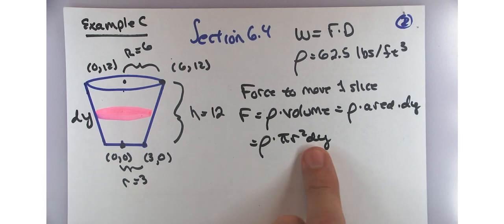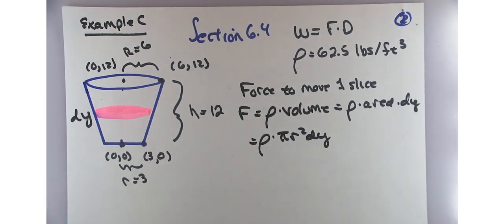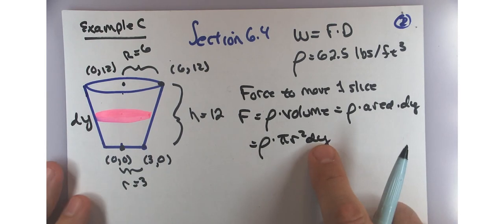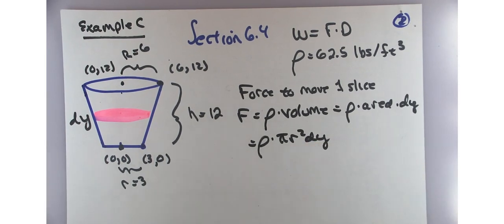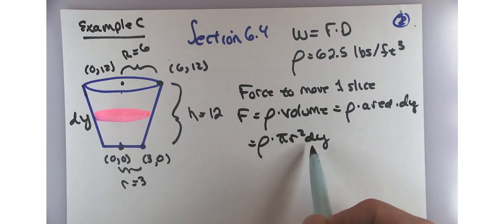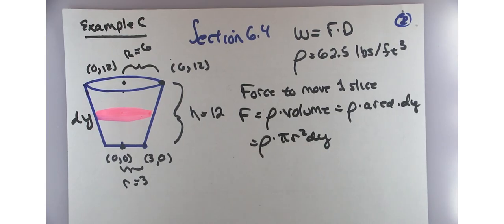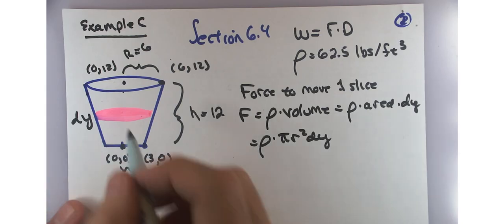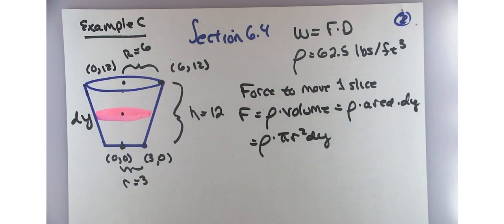Now that dy is a nice clue for us. Gina, what's that telling us relative to the rest of our problem? What's that dy saying? When we set up our radius, yes, we got to keep that in terms of y. So, all right, let's think about this much then.